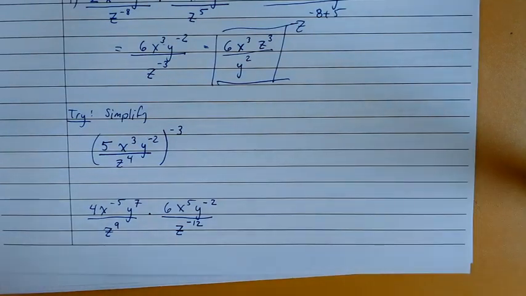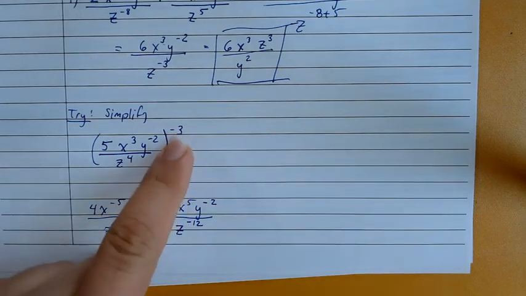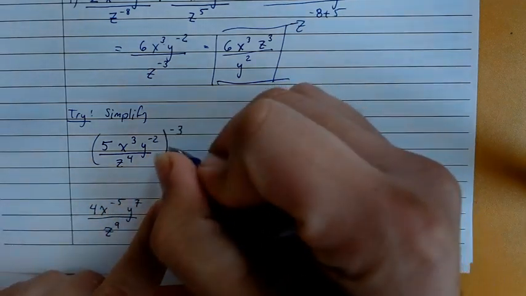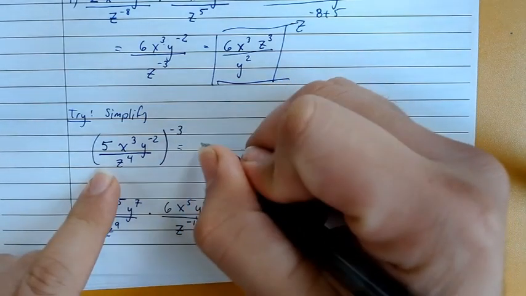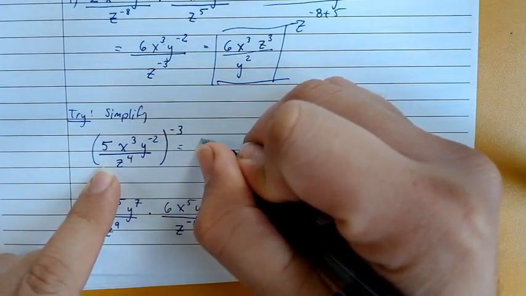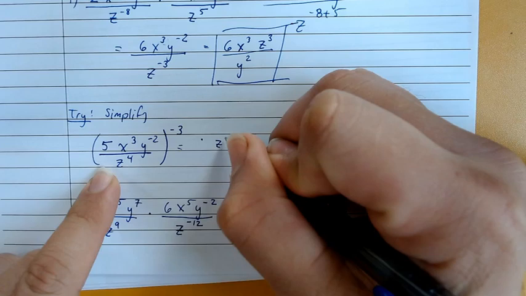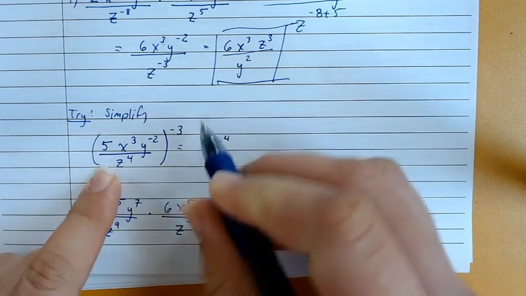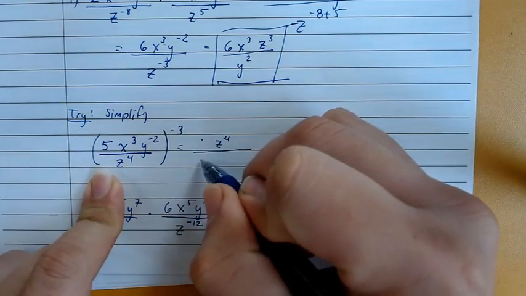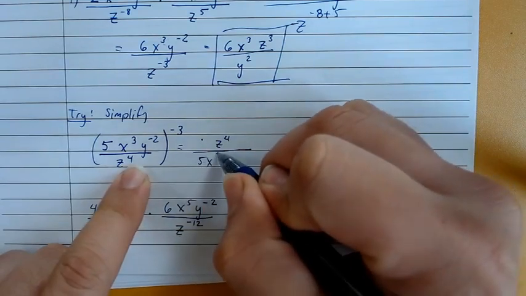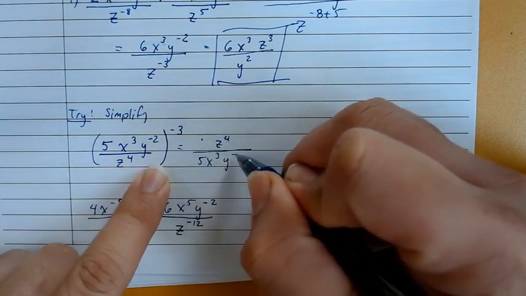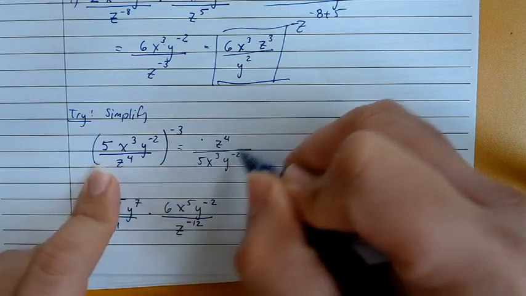All right, so let's take a look. Here, that negative exponent is going to tell us to reciprocate everything. All right, so that's going to be z to the power 4 on top. On the bottom, we have 5, x to the power 3, y to the power negative 2. So everything just flips around.